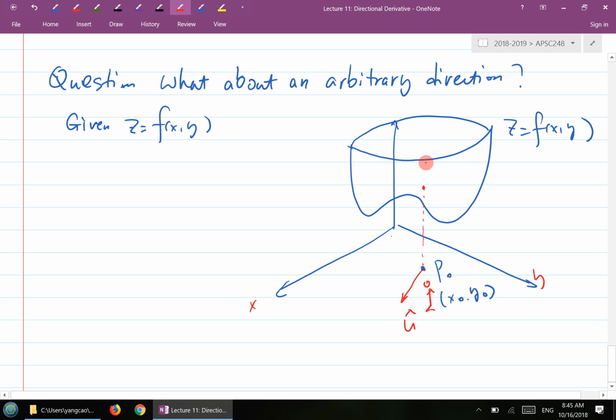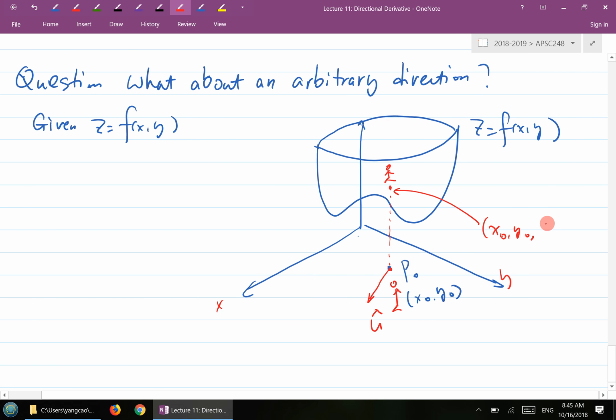This person initially is at what point? x naught, y naught, and then what? What's the z value? That's right. So that's initially this guy's location.